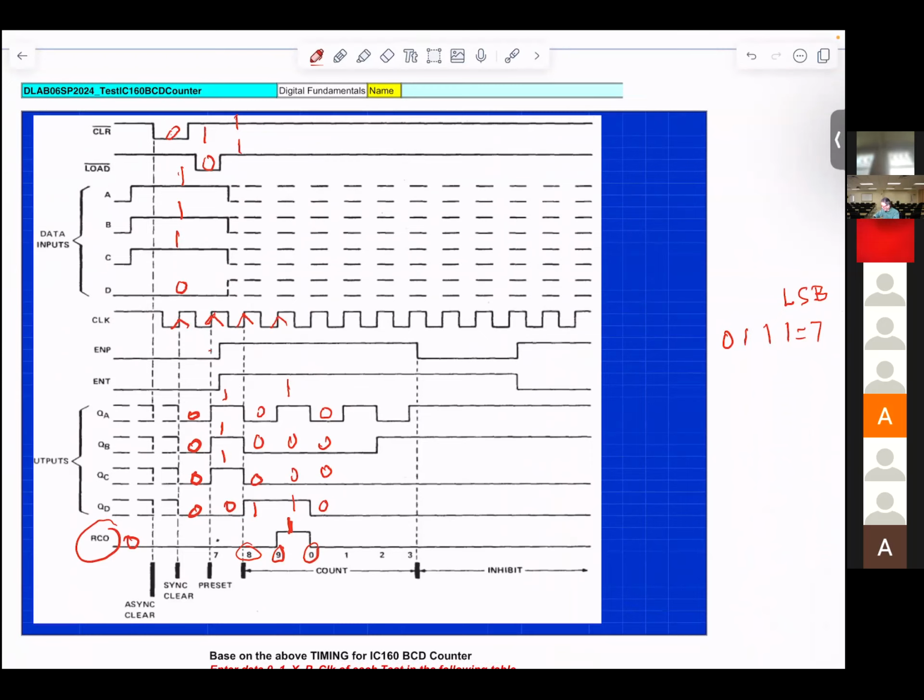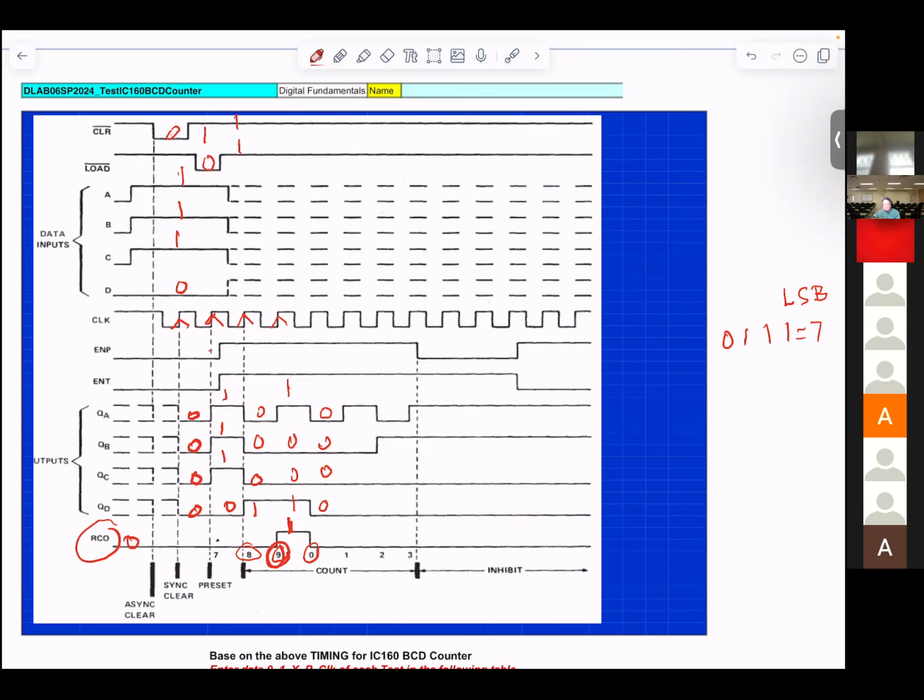So basically, when the counter reaches number 9, this output goes to logic 1. Then they go back to 0.